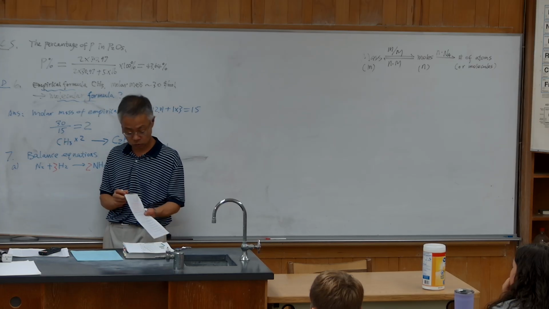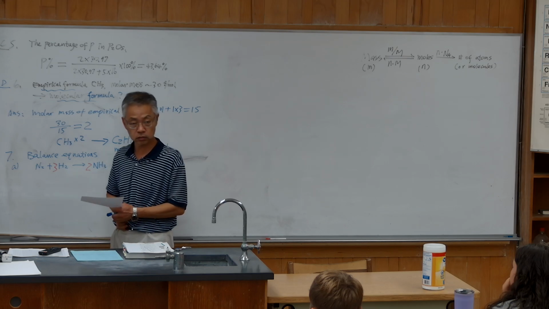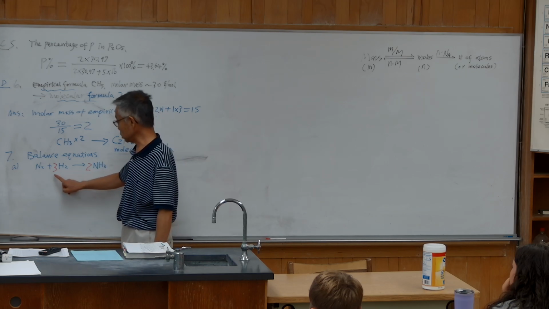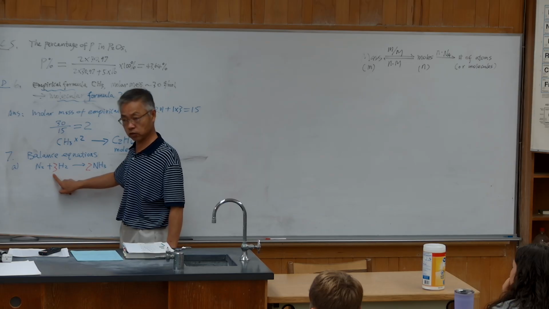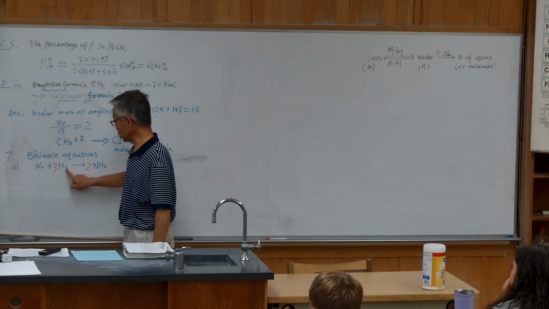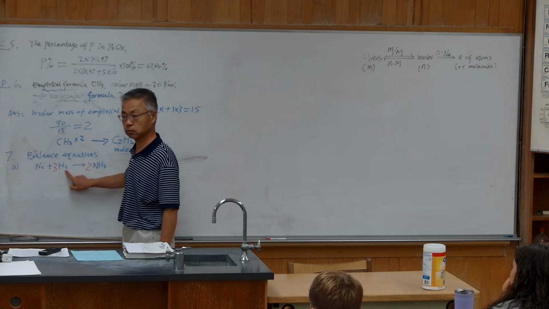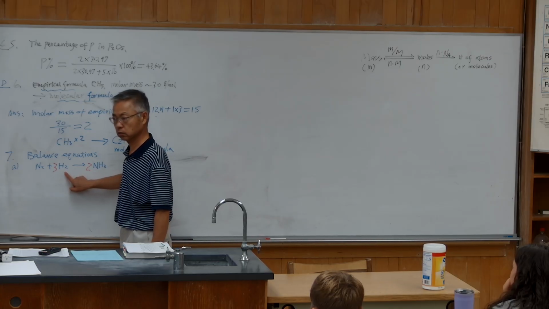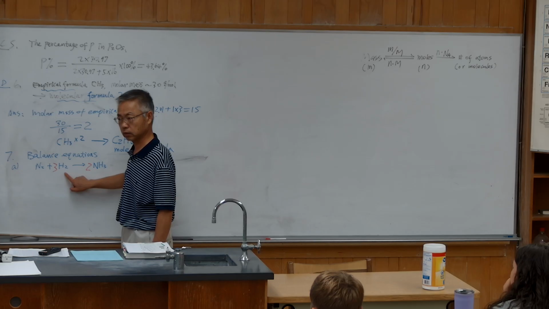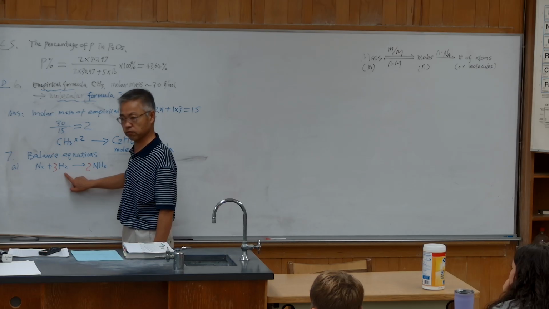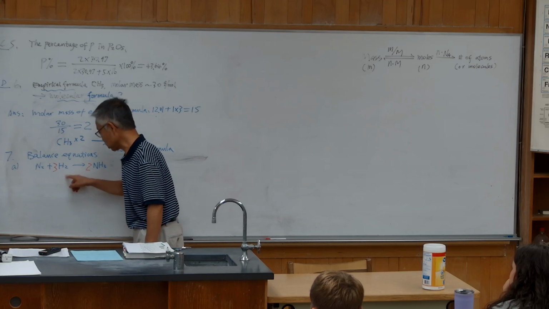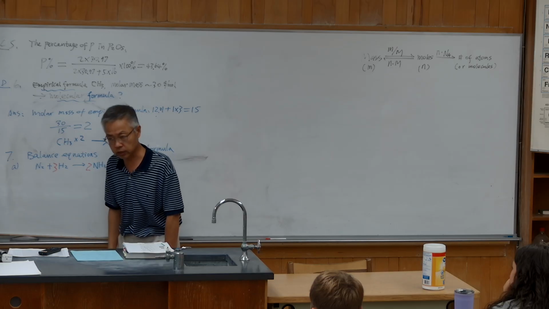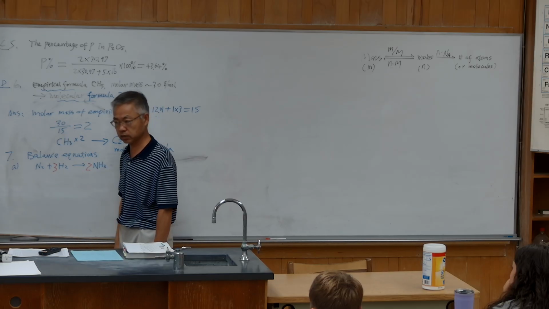Again, do you remember the rule for balancing equations? We can only change the number in front of each formula. We cannot change the subscript number. H2, you cannot change it to H3. The subscript number is fixed. If you change the subscript number, the compound changes. Sometimes that compound doesn't even exist.